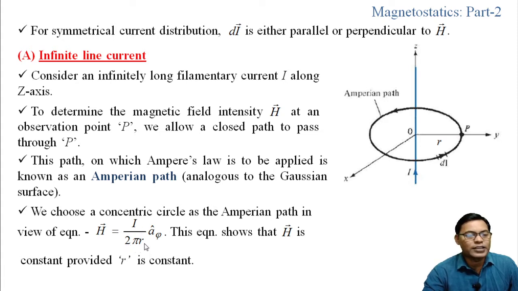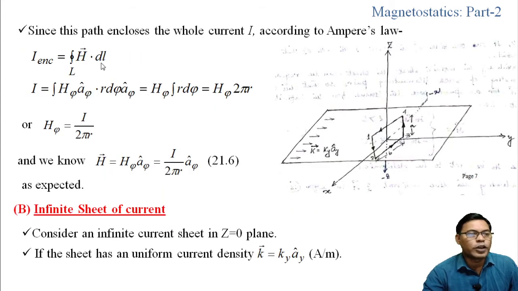Keeping this in mind, we can intuitively draw the Amperian path, that is the circular path encircling the current carrying conductor. Now we are going to use Ampere's law, because this path encloses the whole current I.